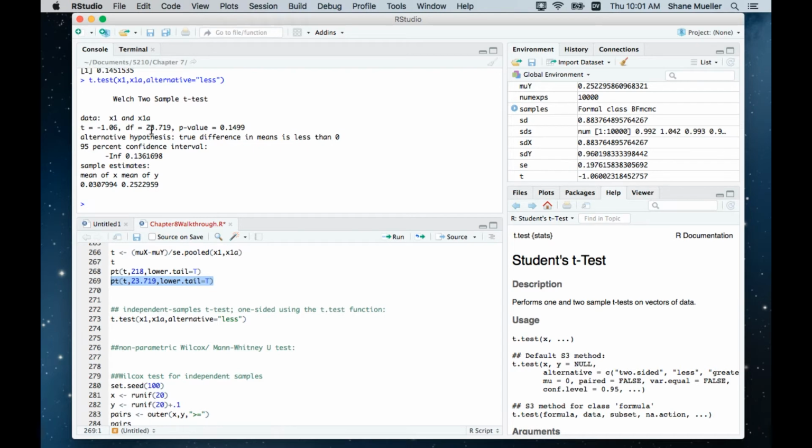Since I have 200 in one and 20 in the other, I could have 2,000 in the other one instead of 200, and it wouldn't improve my degrees of freedom much, because most of my variability is really in my smaller group. So you don't get a huge advantage by collecting much more in one group than the other. You get maybe a little bit of advantage in terms of these degrees of freedom, but not a lot.